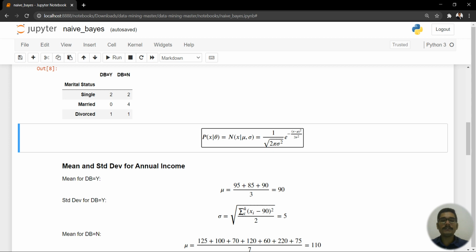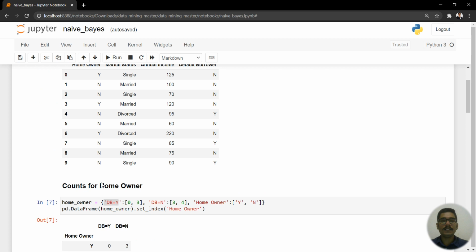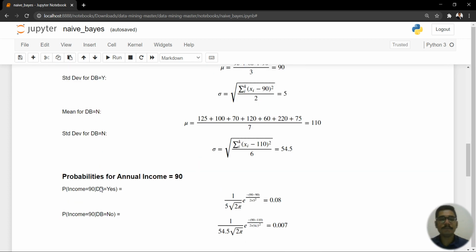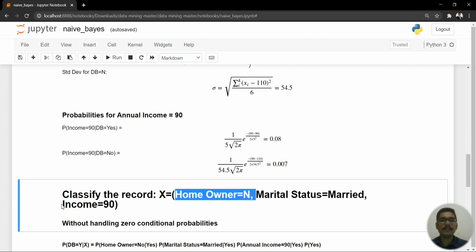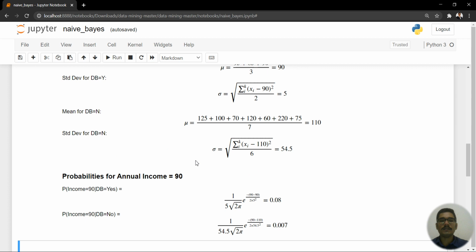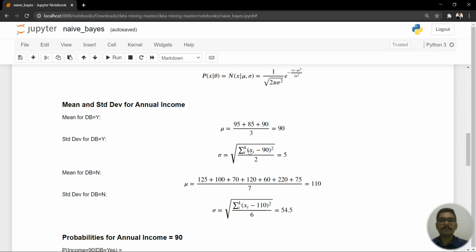Standard deviation is given by the square root of the summation, i runs from 1 to k, of (xi minus mu) squared over n minus 1. Our problem statement is that we want to classify an unseen example. The test sample has homeowner no, marital status married, and income equal to 90. So that is xi minus mu, where mu we keep fixed at 90, and we calculate the standard deviation, that is 5.